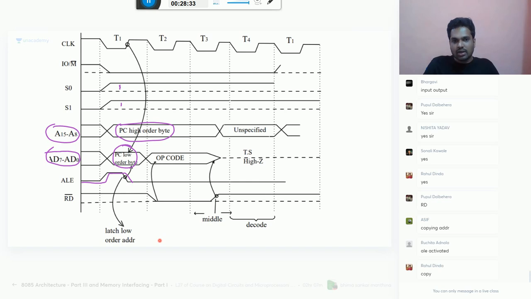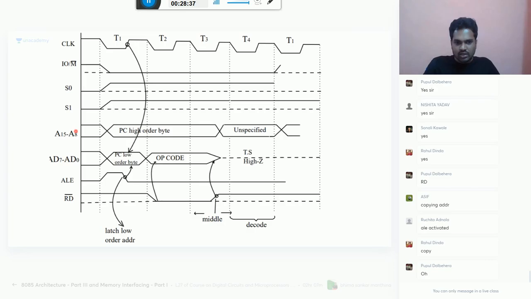Copy program counter contents into the address bus. That is, during this period, A15 to A0 is copied with PC. Simple rule. A15 to A0 is copied with the program counter. So who is taking care? The program counter will give you the address bus. This job is done. During opcode fetch, this is common.